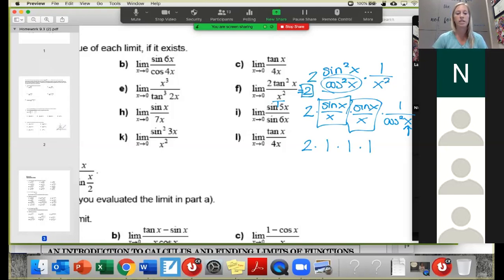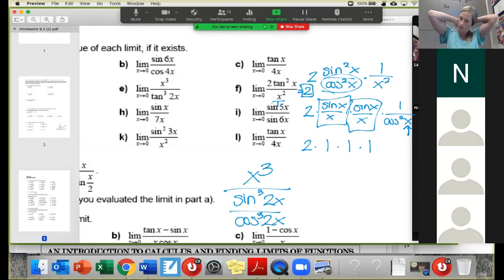So I would handle E very similar to that. There are probably rules you can use with tangents. Sometimes I don't worry so much about the rules if I know I can manipulate it, and tangents are pretty easy to manipulate. So I would start off with my tangent being sine of 2x over cosine of 2x cubed, top and bottom.